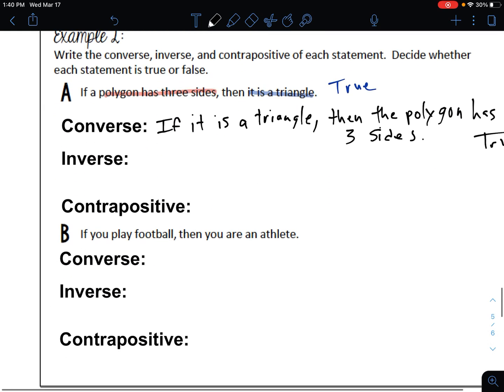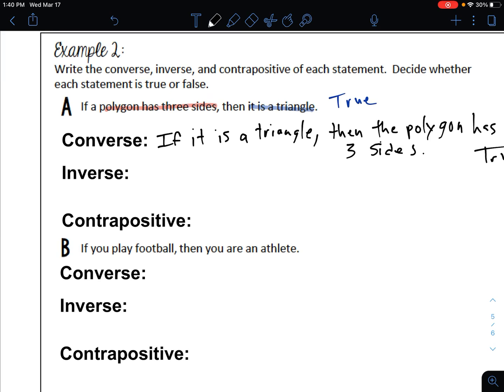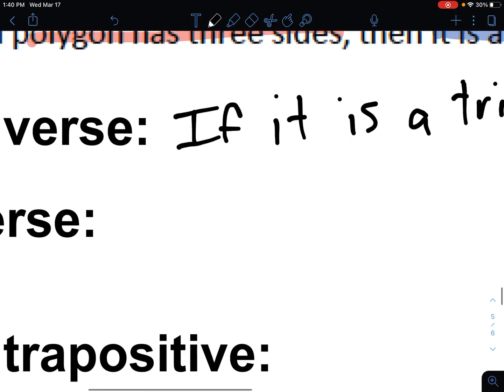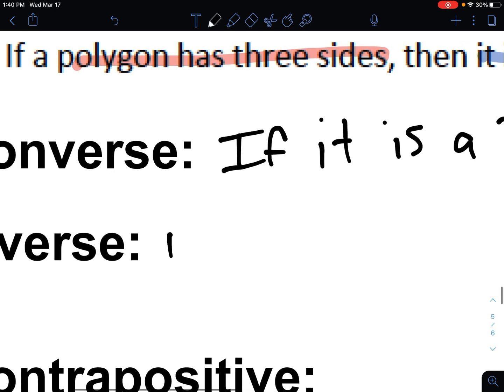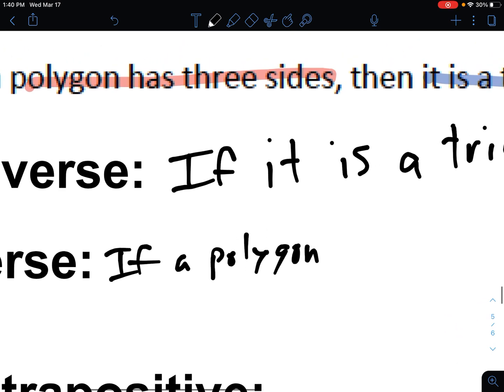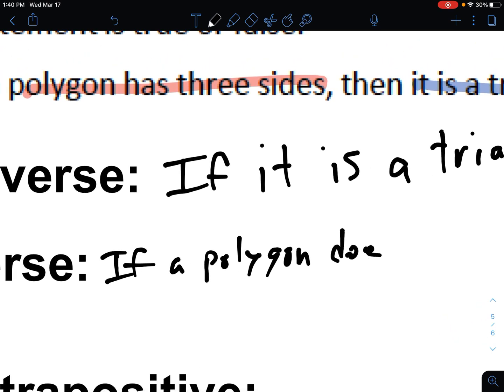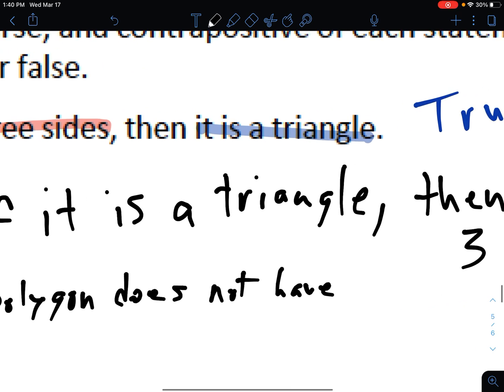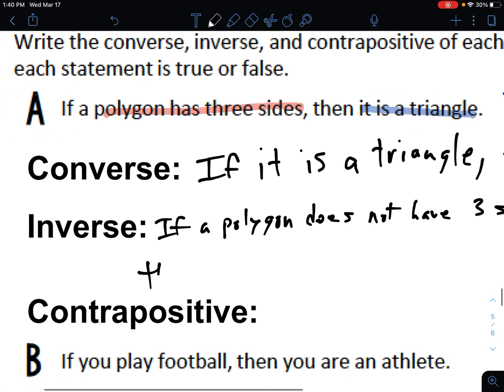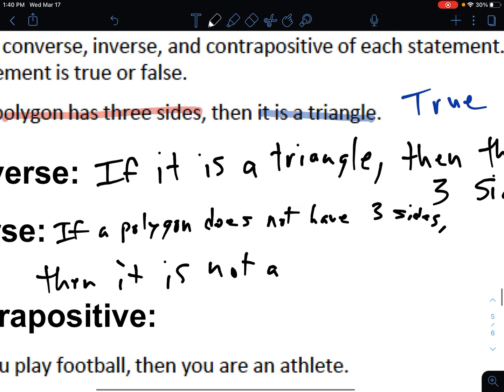If a polygon does not have 3 sides, then it is not a triangle.